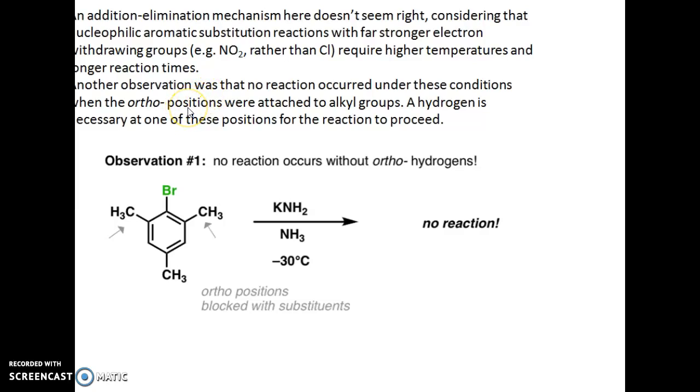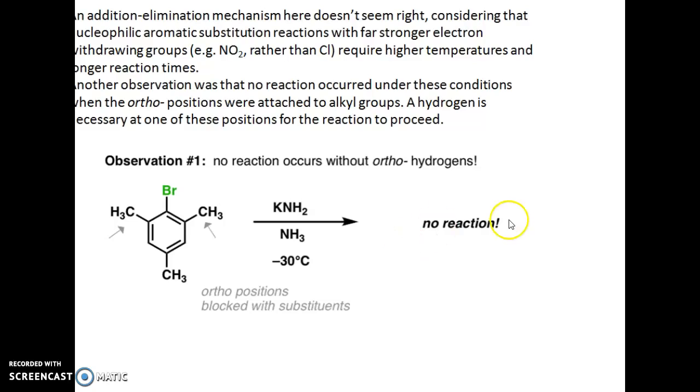When the ortho positions are attached with alkyl groups, hydrogen is necessary at one of these positions for the reaction to proceed. This is not observed if we take an alkyl group as a substituent at the ortho position instead of an electron withdrawing group.